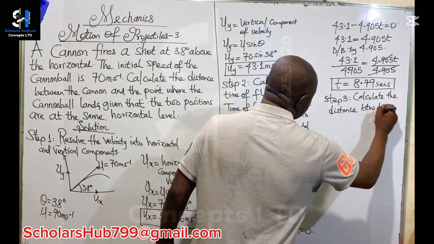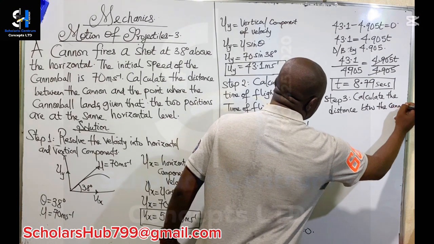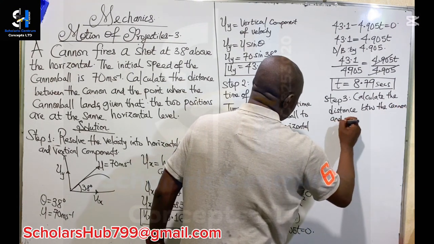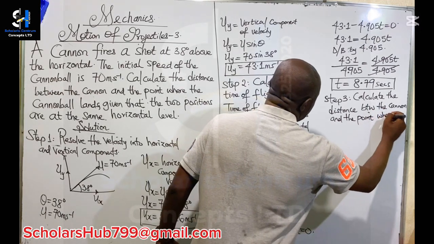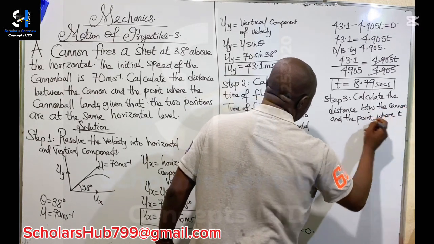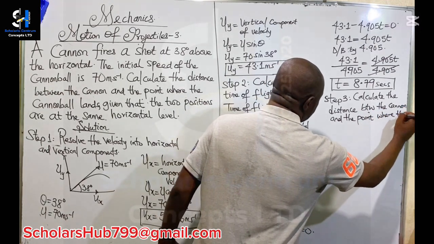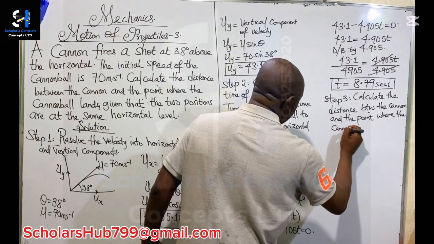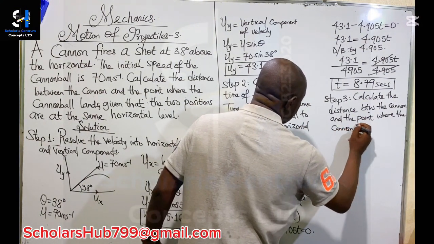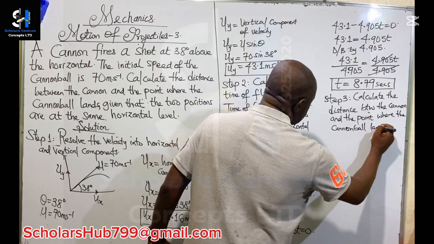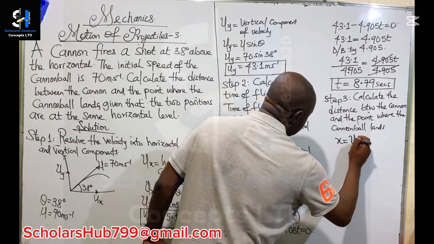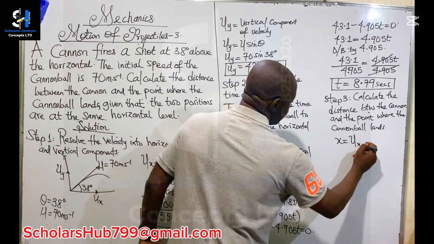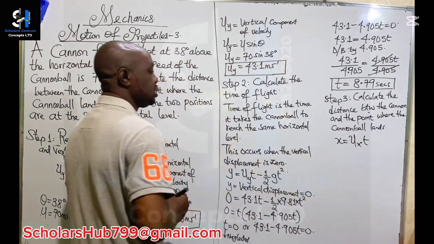So we have the distance between the cannon and the point where the cannonball lands, and that will be, distance is x equals ux multiplied by t.